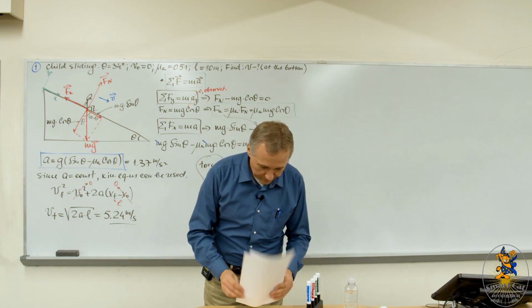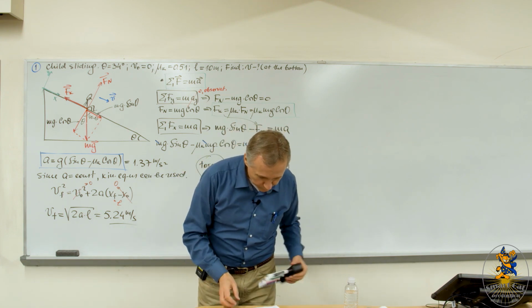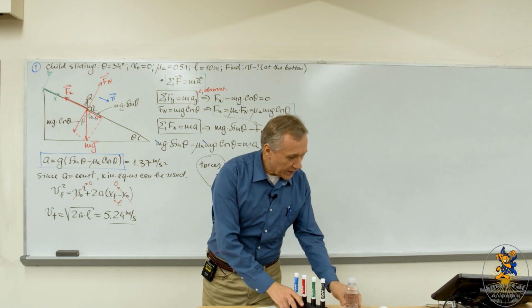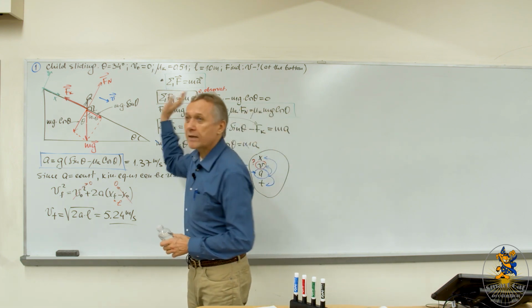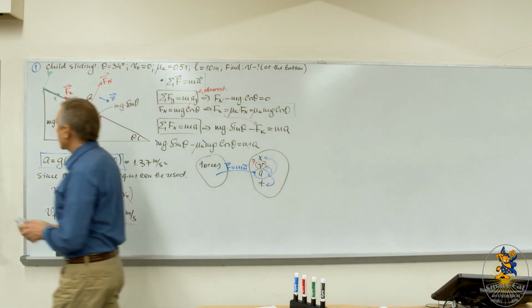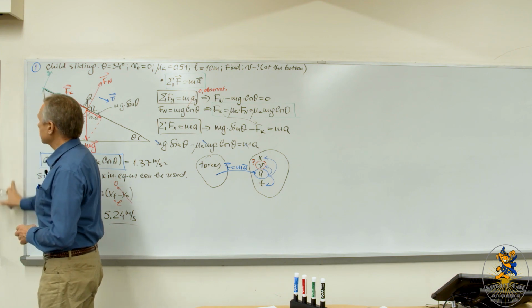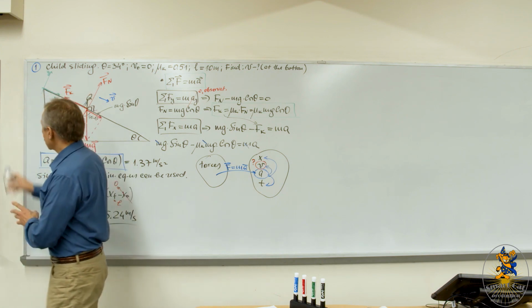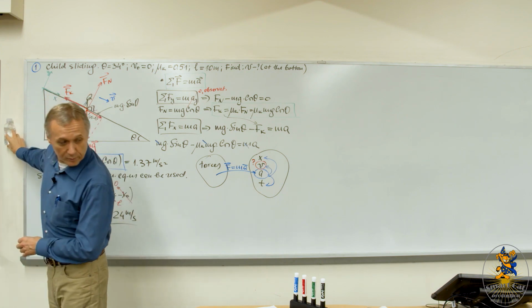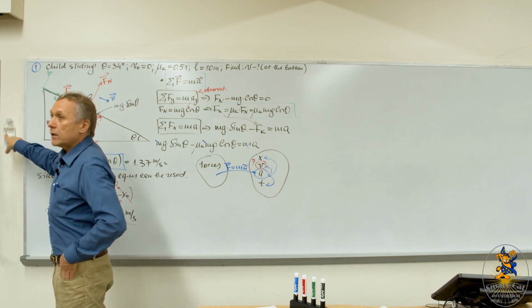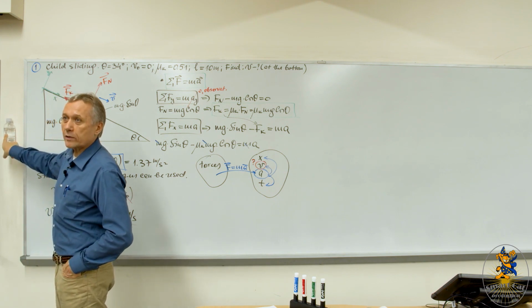Okay, now the second one. So the idea is this. Okay, then I will start erasing it. So there is a wall. So there is some box. Okay, I don't have any other boxes but my bottle. And we apply some force at a certain angle.